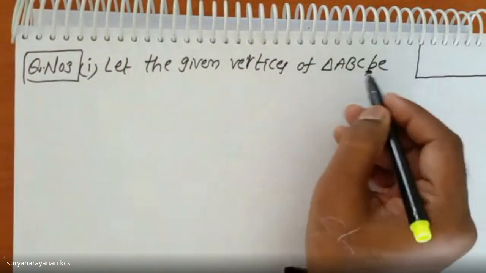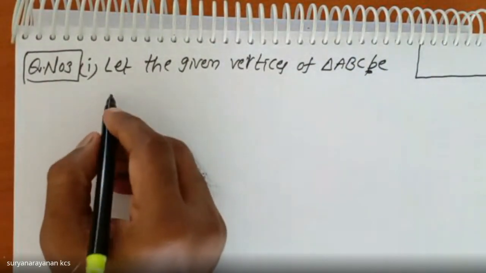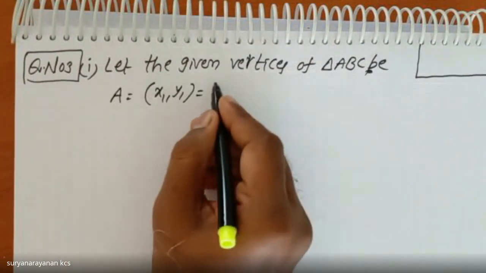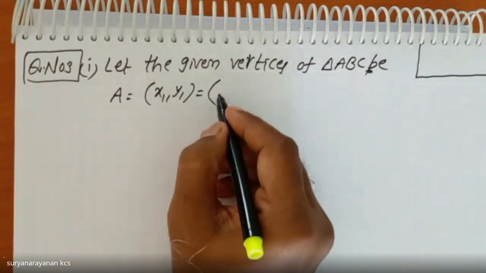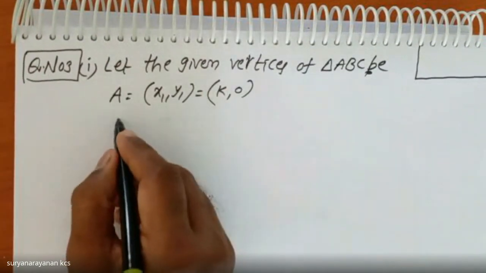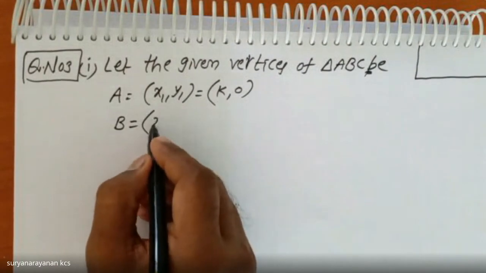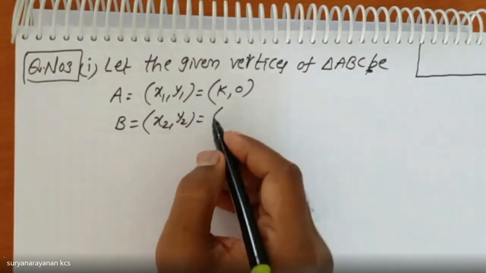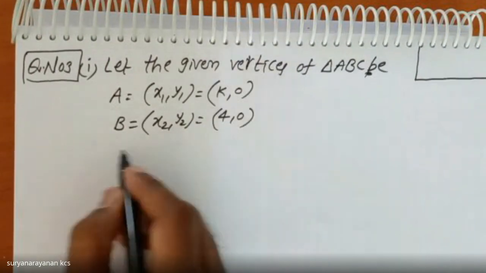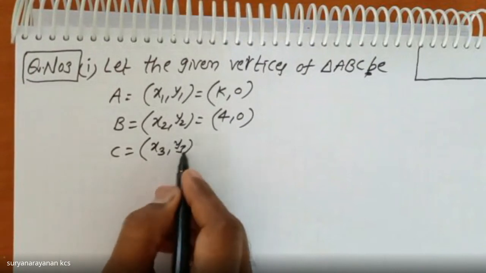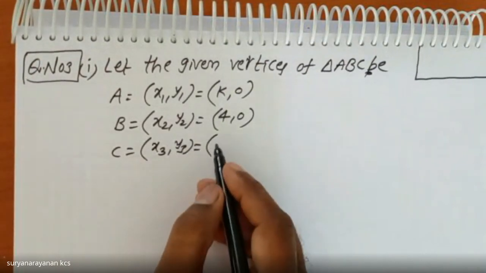Let the given vertices of triangle ABC be A equal to x1 comma y1, that is the ordered pair k comma 0. Let us take the second point B, x2 comma y2, that is the ordered pair 4 comma 0, and the third point C, x3 comma y3, that is the ordered pair 0 comma 2.